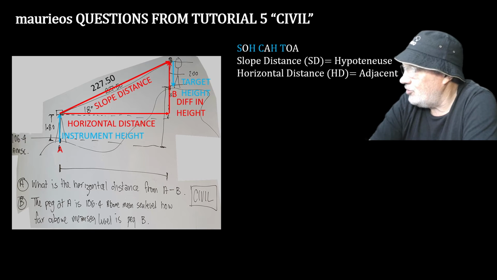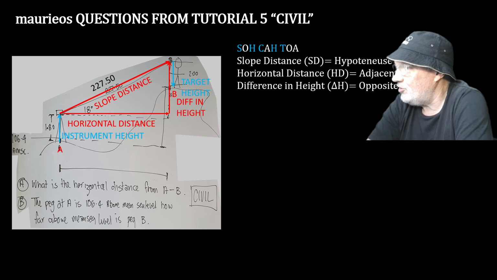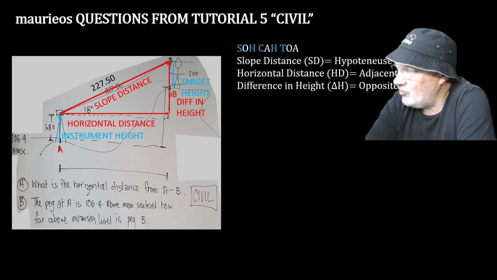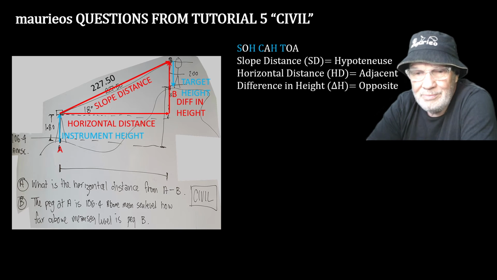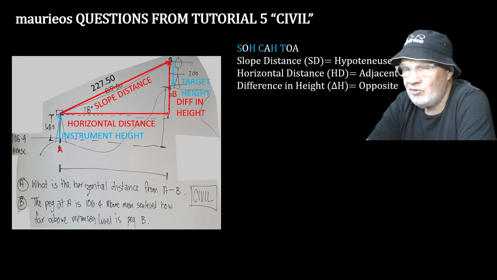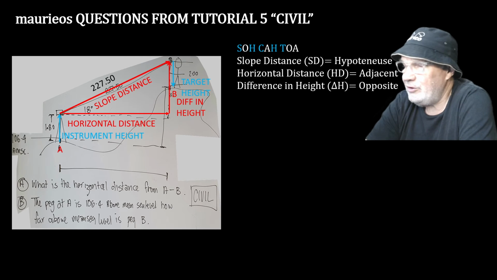The horizontal distance is the adjacent, and the difference in height, delta H, the opposite. They're the two things that we don't know, and I've shown those in white. So we know the hypotenuse, and for both sine and cosine, we know 2 of the 3 elements of the ratio. So we can work out the third.